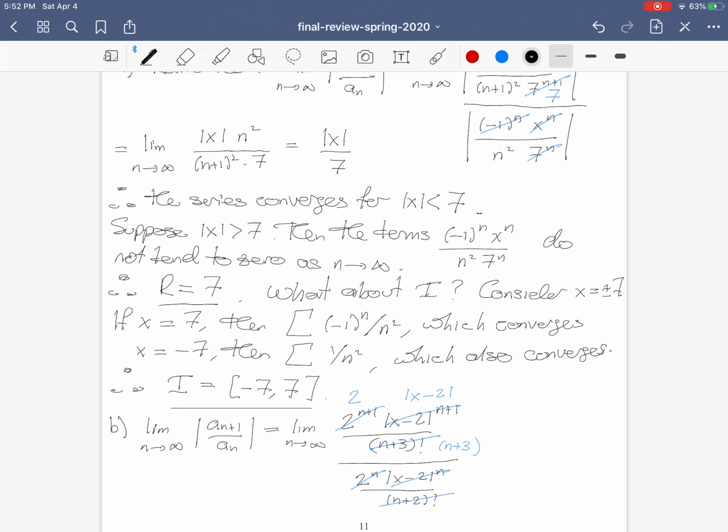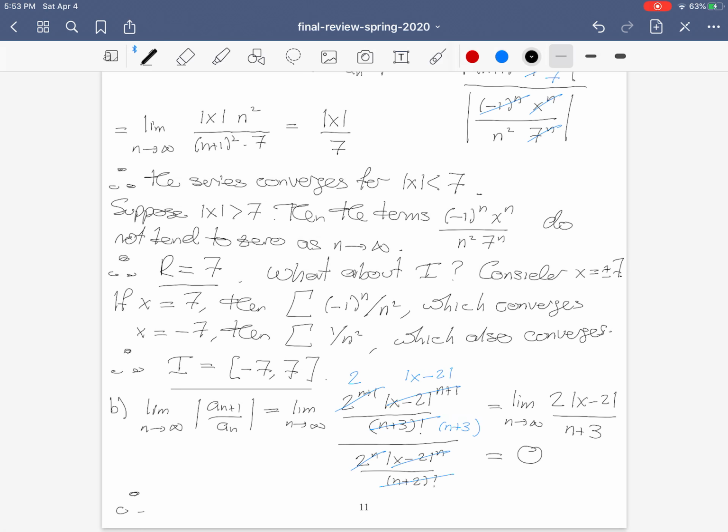And we are left with the limit as n tends to infinity of 2 times the absolute value of x minus 2 divided by n+3, and that limit is equal to 0. So since the limit is equal to 0, and this is for any x, the radius of convergence is actually infinity and the interval of convergence is the whole real line, negative infinity to infinity.